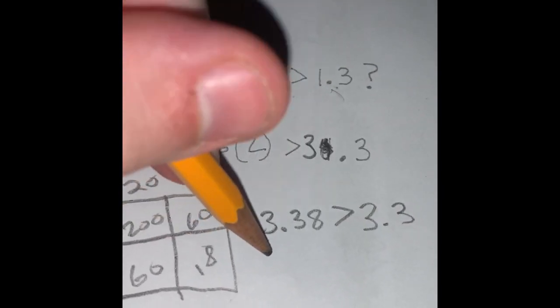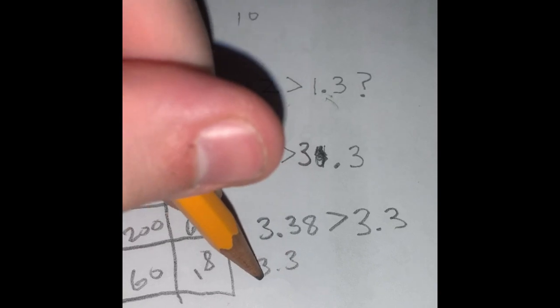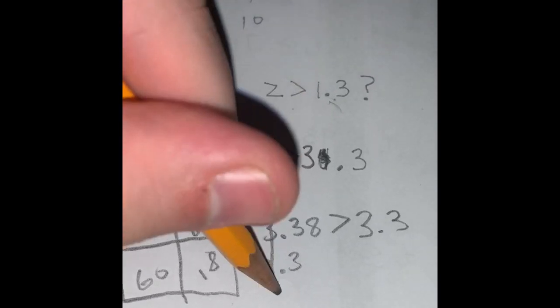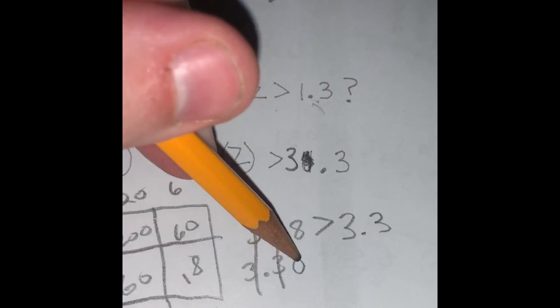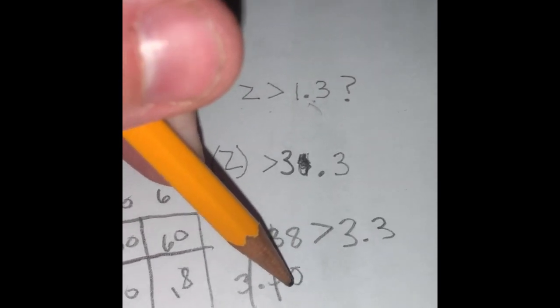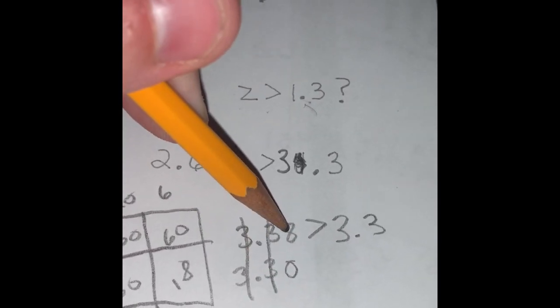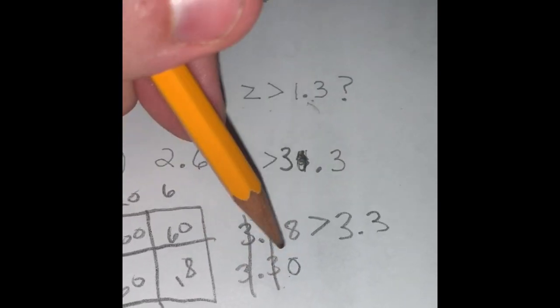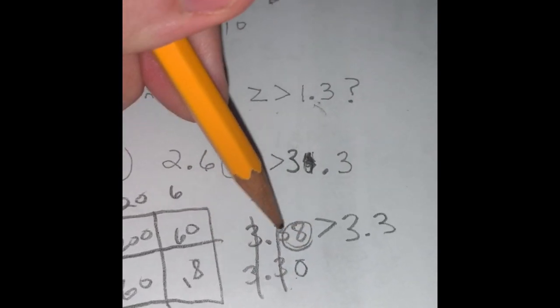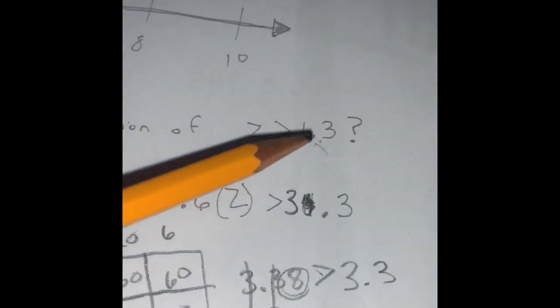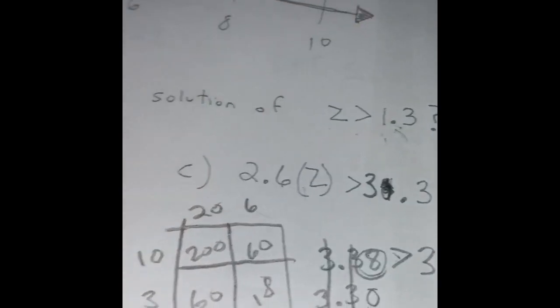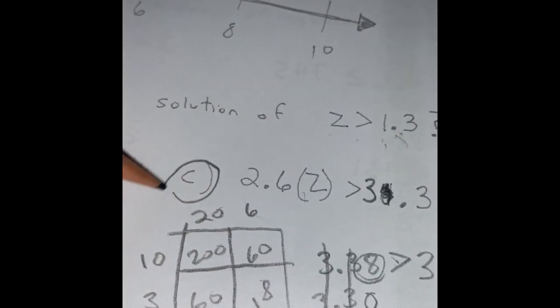So when I line these numbers up, 3.3, I can't tell which one is bigger by the first place value. I can't tell which one is bigger by the second place value, but I know a blank spot is like a 0, and this 8 is definitely bigger than the 0, so I do know that this number is bigger, which would make this true. So if we plugged in 1.3 for z, our inequality would be true. So that is the one we're looking for.